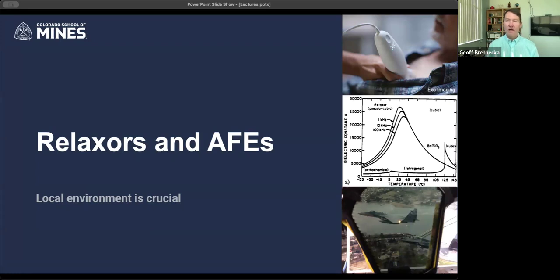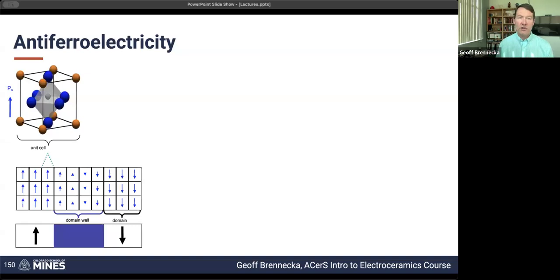Okay, so I've lumped together relaxor ferroelectrics and anti-ferroelectrics because they are sort of opposite ends of the spectrum, but in both cases, it's the local environment around the cations that really makes the phenomenon happen. And so these are different modifications of ferroelectrics. So to start off with, when we talked about ferroelectricity in the beginning, your crystal structure has this built-in spontaneous polarization where there's a dipole that's built right into the crystal structure.